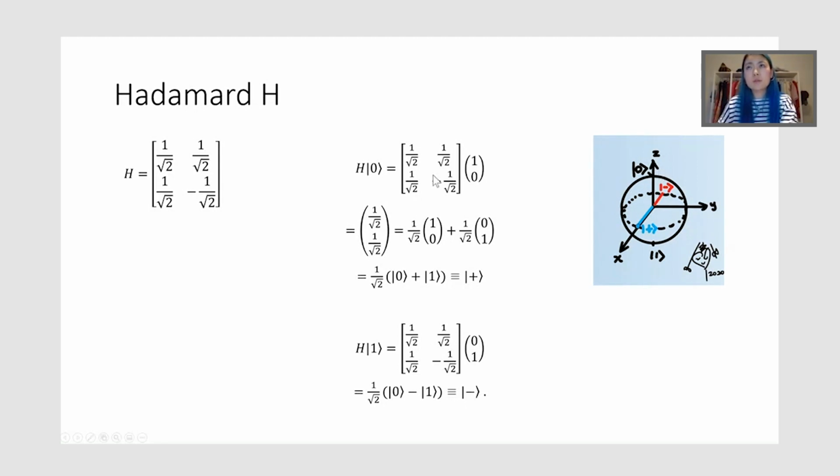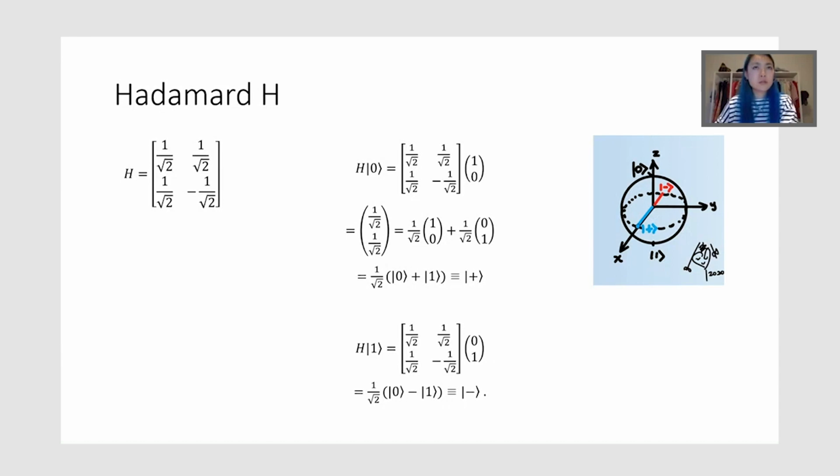And what this Hadamard gate does is put your original state into these perpendicular locations that are in between 0 and 1. So the plus and minus states are just superpositions of 0 and 1 with an equal amplitude. So it's right in between the two. That's what the Hadamard gate does.